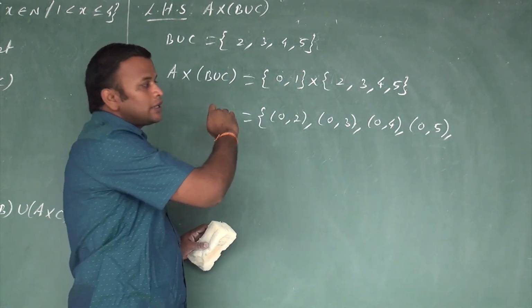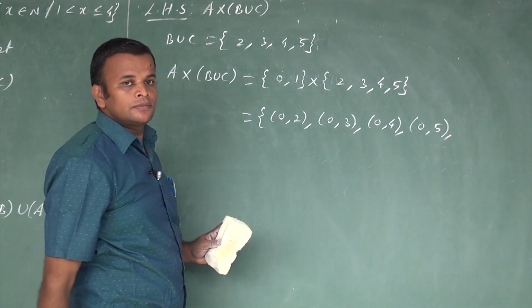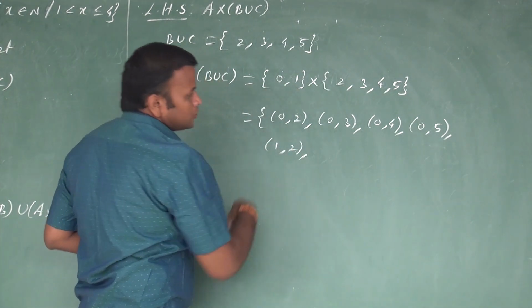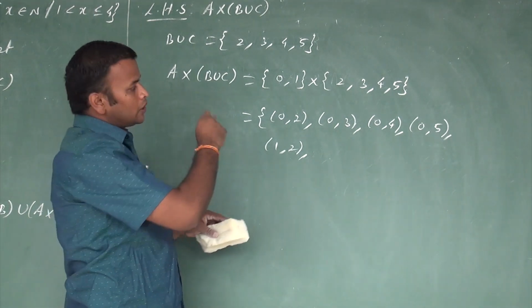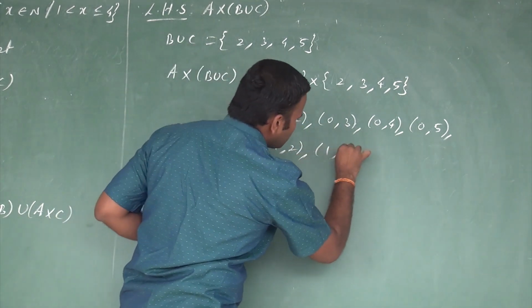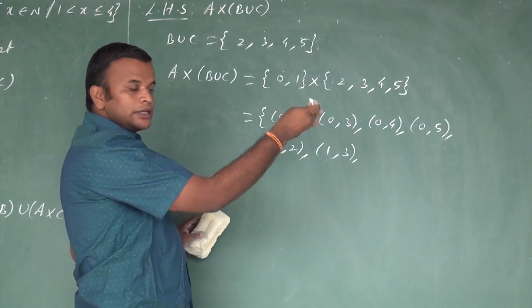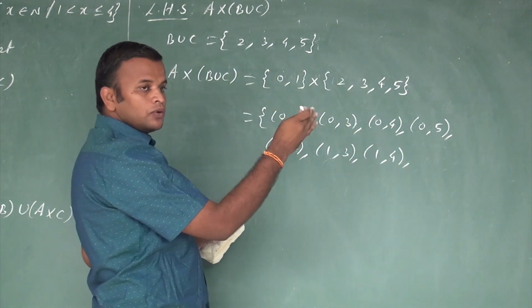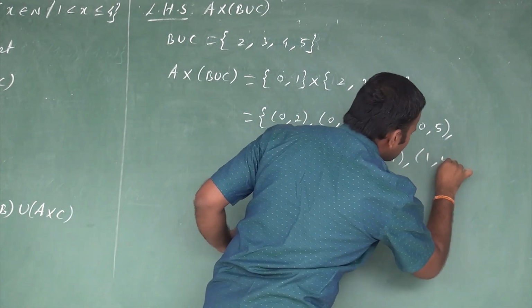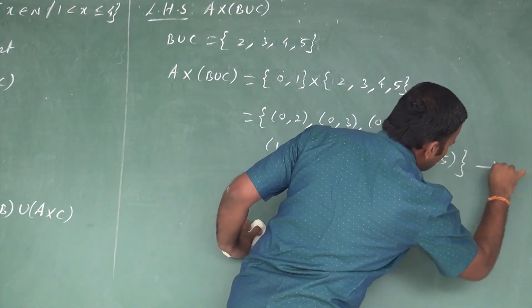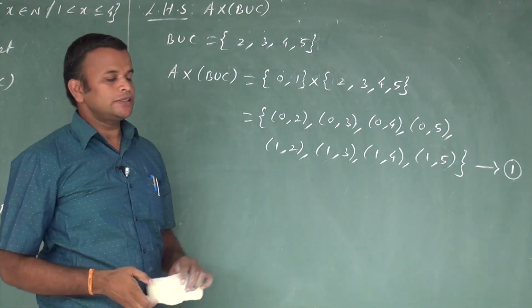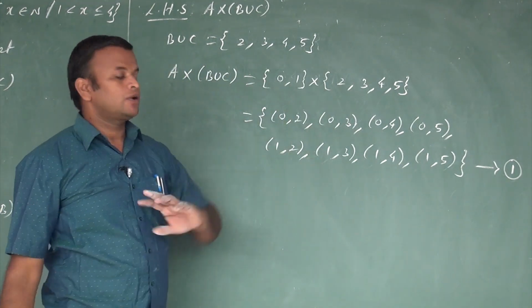Now we move to the second element of the first set, which is 1. We do the same work. So 1, 2. 1, 3. 1, 4. 1, 5. This is the value of the LHS, so I call it equation 1.